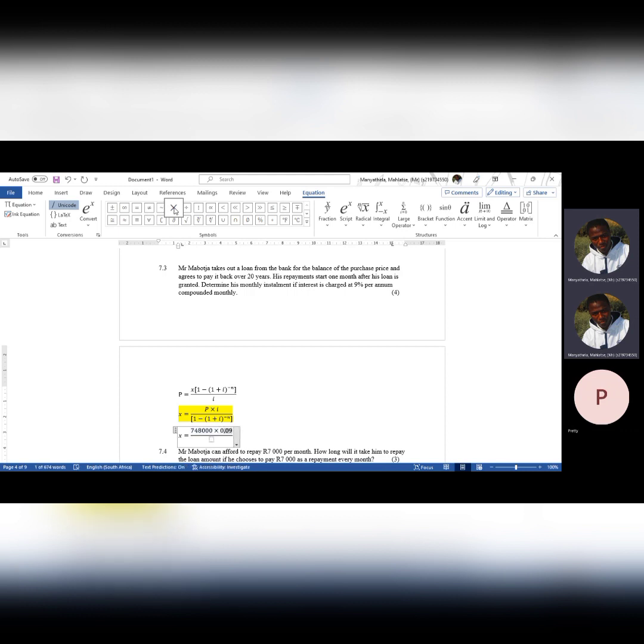And remember, it's compounded monthly, meaning we're going to divide by 12, and then this side we have 1 minus, in bracket, 1 plus 0.09 over 12.